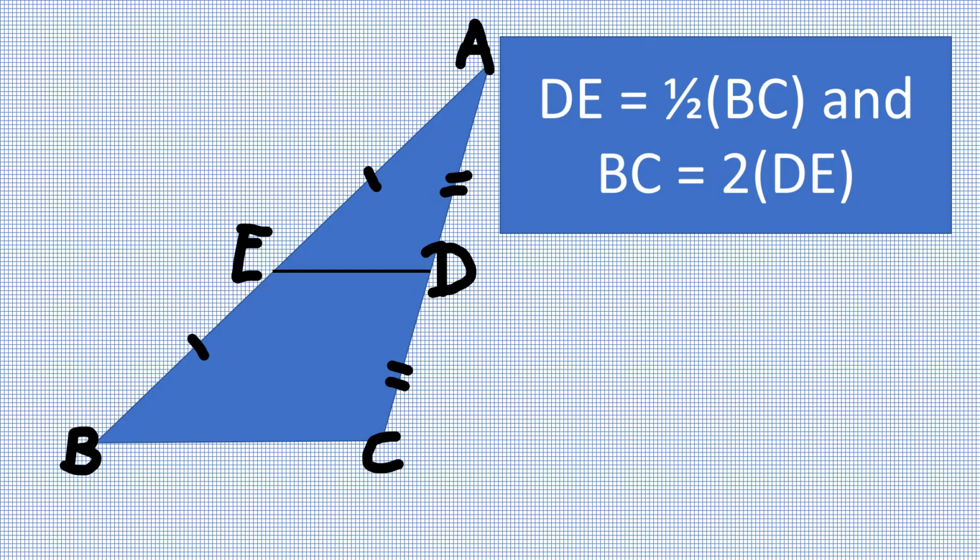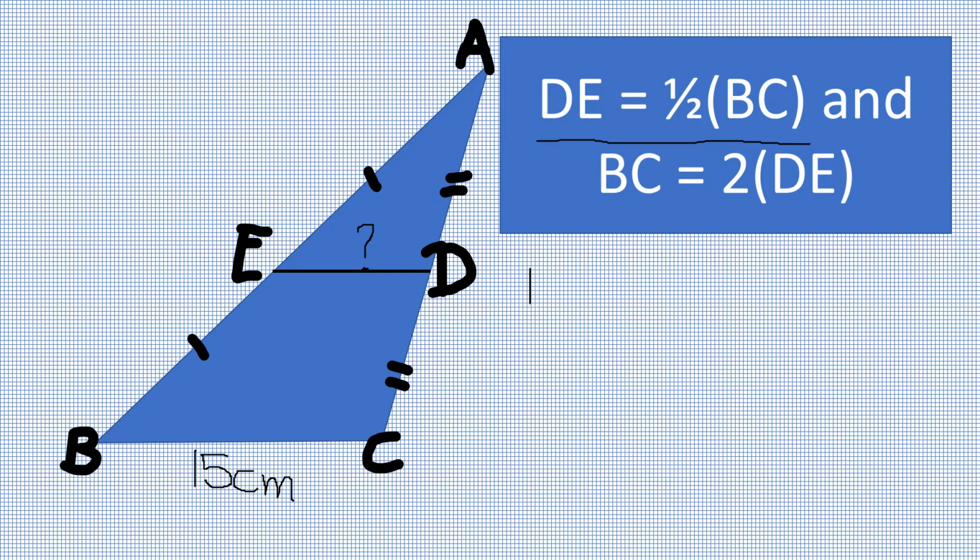So let's say side BC is equal to 15 centimeters. Then what is the measure of our midline? Based on the midline theorem, the measure of midline DE is 1/2 of the measure of BC.